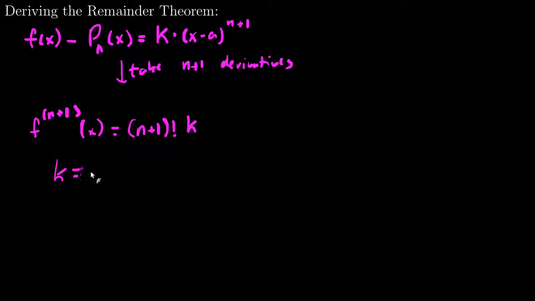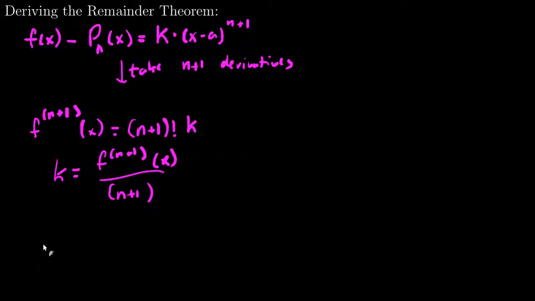So k is going to equal the n plus first derivative of x over n plus 1 factorial. And to actually get it to work out, instead of having to deal with one thing but deal with everything, we're going to consider that this x is somewhere in this interval.